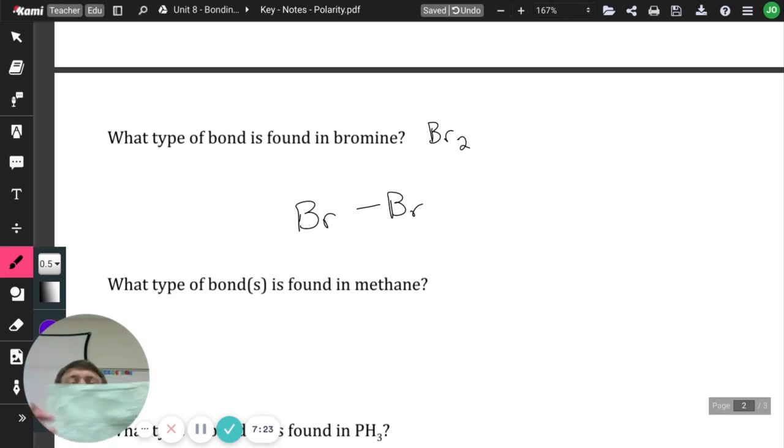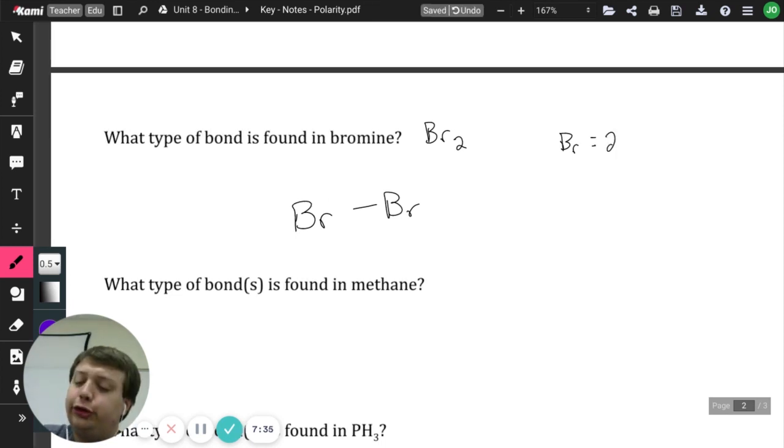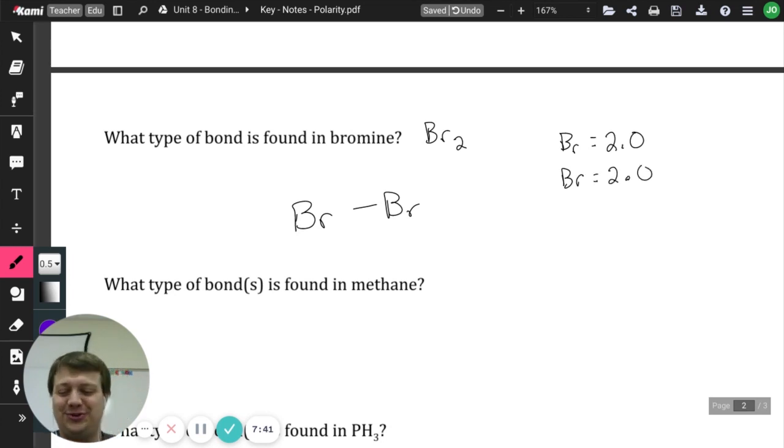So I look at my periodic table. I see that bromine is 2 down below fluorine. So bromine 1 has an electronegativity of about 2, and bromine 2 has an electronegativity of, again, the same, 2. So their difference in electronegativity is 0.